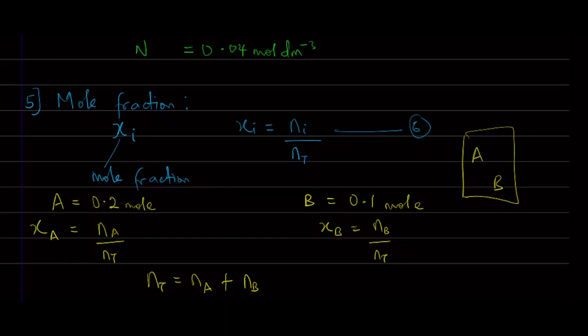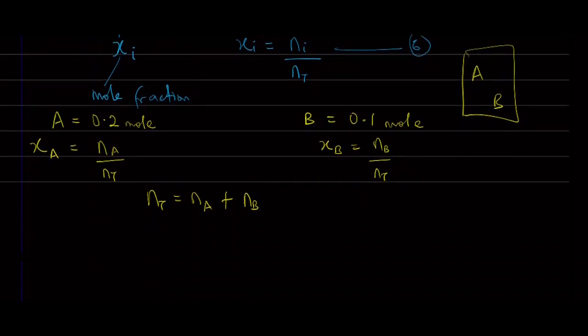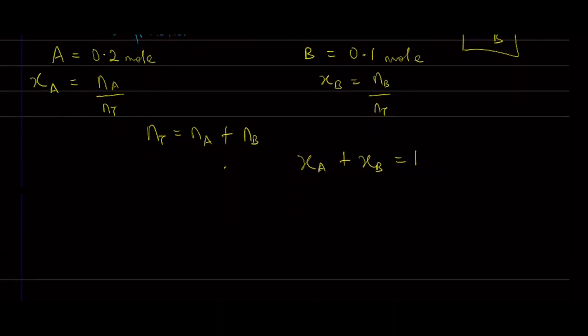We should also take note that the mole fraction of all the components always adds up to 1. What does this mean? If I'm using A and B, for example, the mole fraction of A plus the mole fraction of B will always give us 1. We can have a mathematical expression for it by saying summation xi will always be equal to 1.